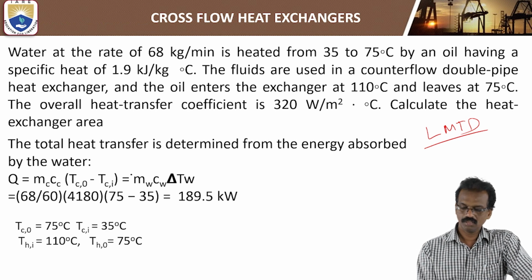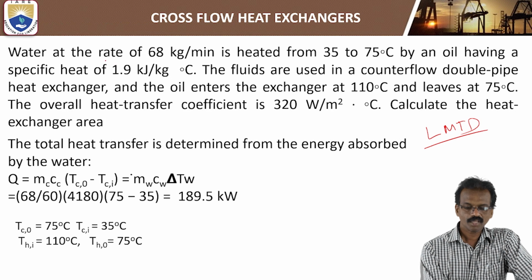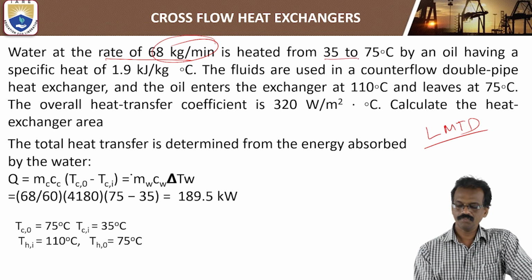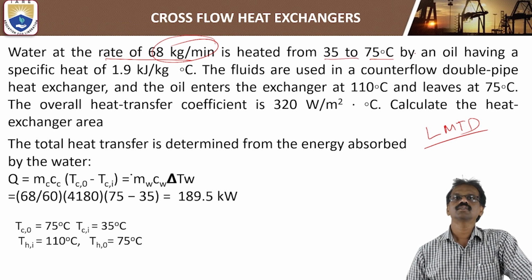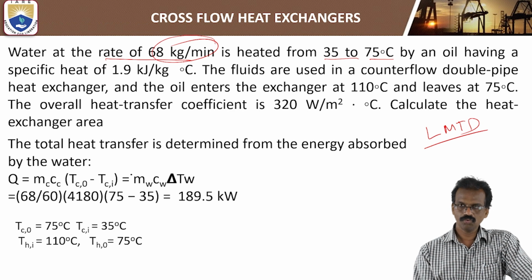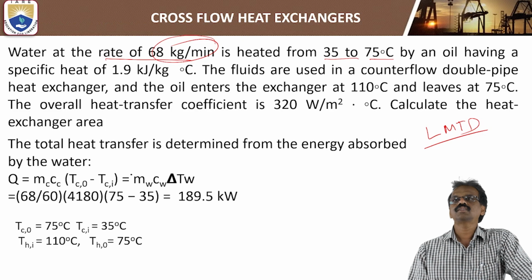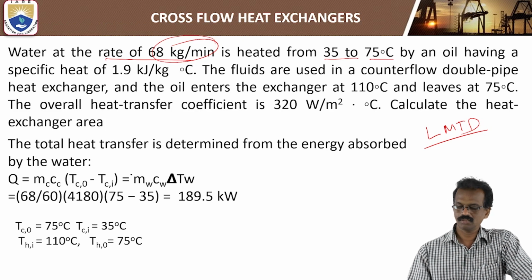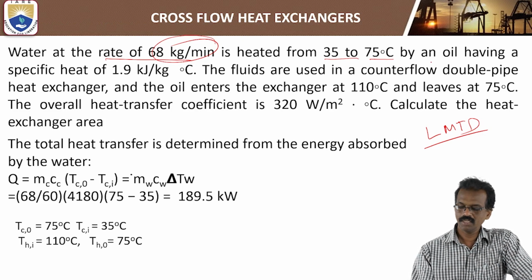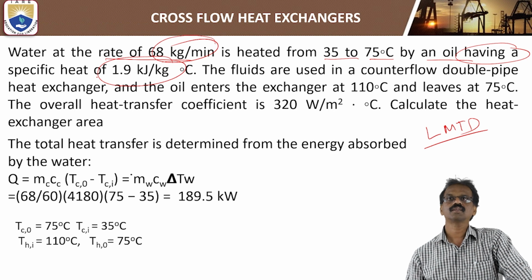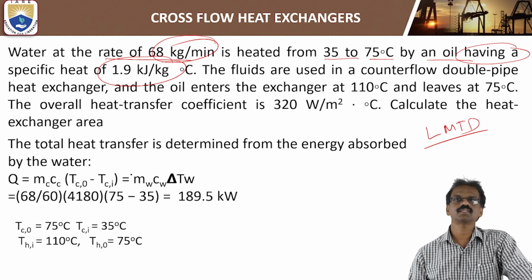Water at a rate of 68 kg per minute is heated from 35 to 75 degrees Celsius. Water is the cold fluid, so TCI is 35 and TC0 is 75 degrees Celsius. This is heated by an oil, and the specific heat of the oil is given, 1.9 kilojoule per kg Kelvin.